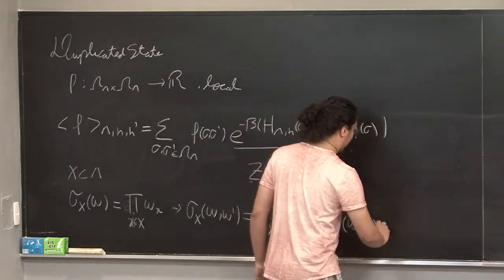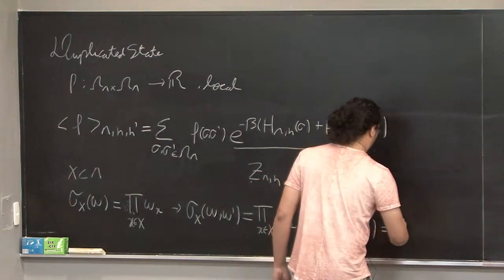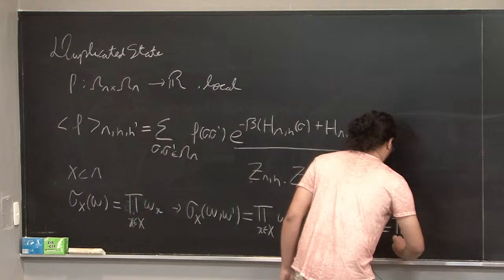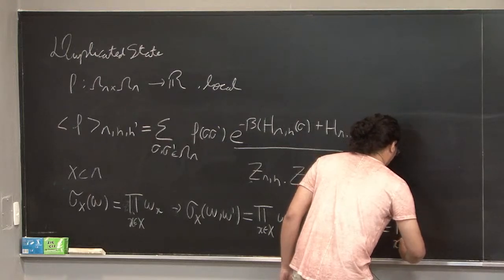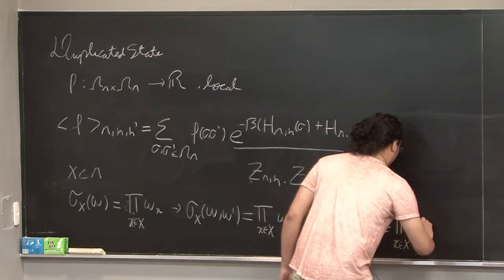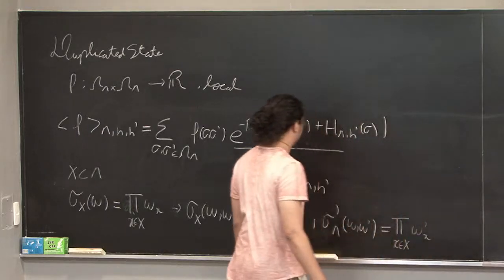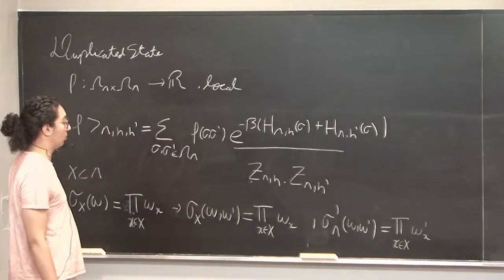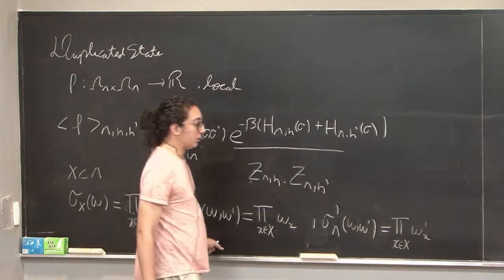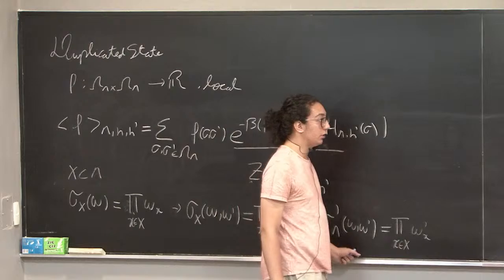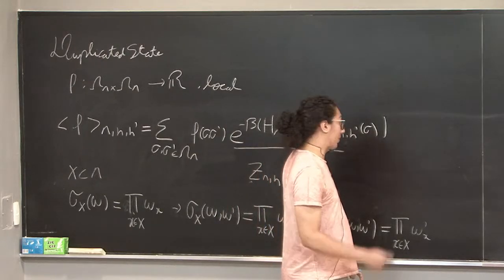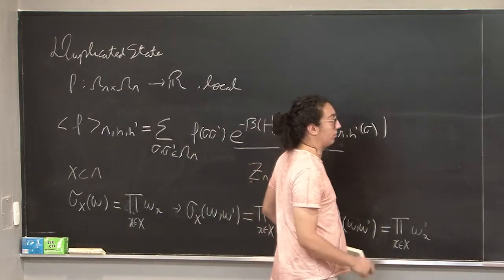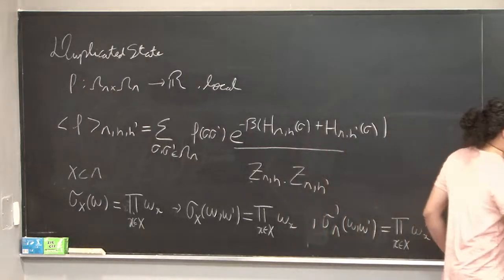So another local function is this one, and now you do the same, but you ignore the first coordinate: the product over x in X of omega prime x. So this is an example of a local function, and this is an example of a local function. Let me give two more examples of good local functions that are very important.